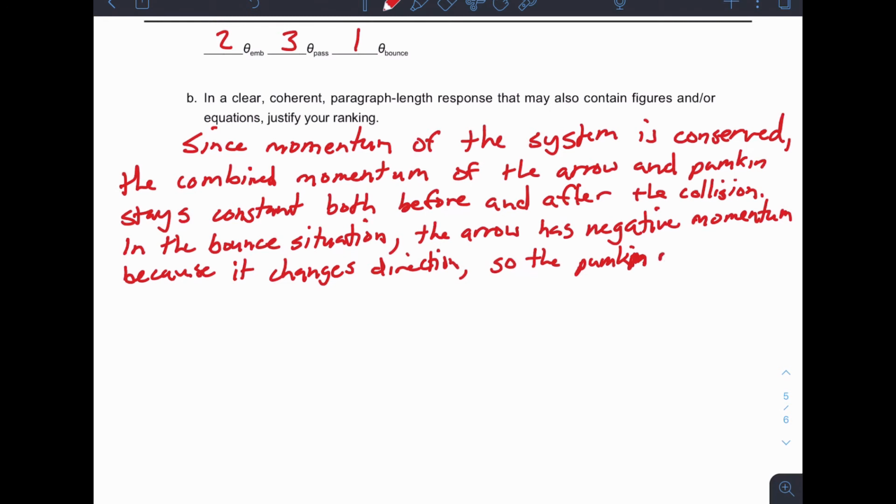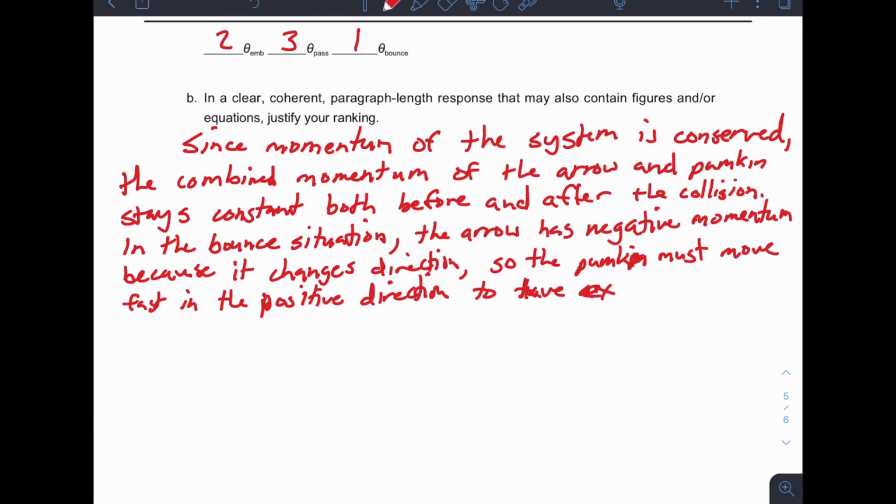So the pumpkin must move fast in the positive direction to have extra positive momentum.